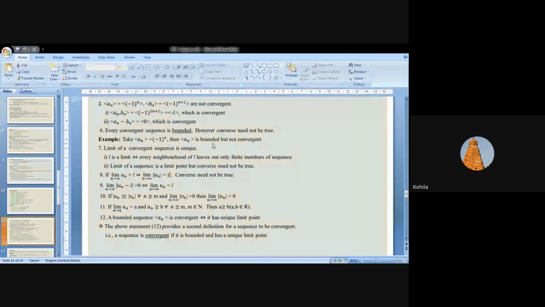Look at this example: a_n equal to minus 1 power n, then a is bounded but not convergent.